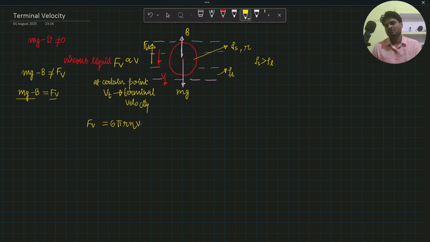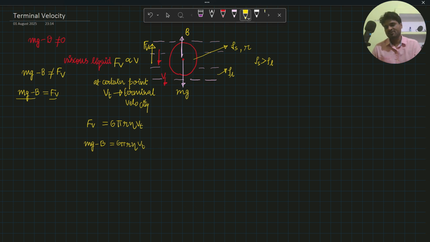So as this velocity increases to terminal velocity vt, this viscous force is equal to mg minus b. So we can now write this equation, mg minus b is equal to 6 pi r eta vt, and we can solve for vt.